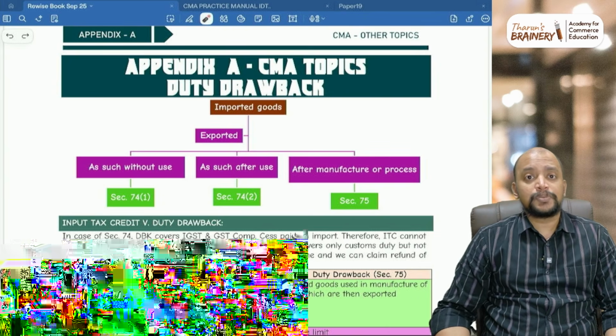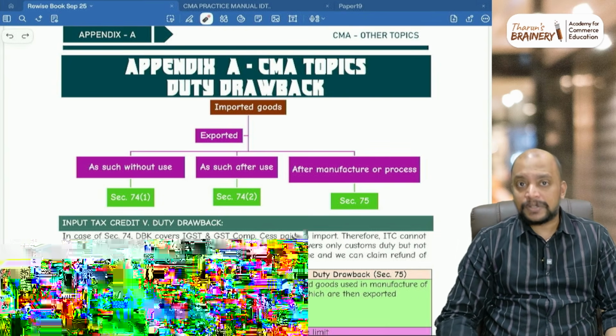Then imported goods which are exported after manufacture or process. Example, you are importing some raw material and you are making finished goods out of that, and once you make the finished goods, you are exporting them. So that is imported goods used in manufacture of finished goods which are then exported.